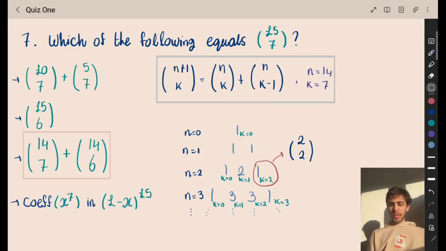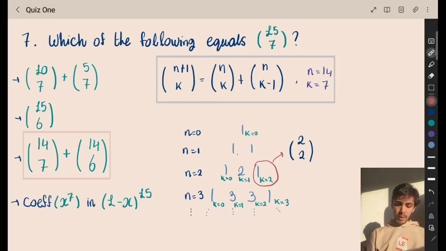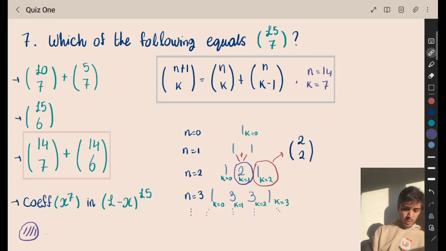So this is how we've constructed it and how we've agreed to build row over row: by looking at the upper 2 neighbors and adding them. For the sake of illustration, I will take this number 2, which I will circle in purple.